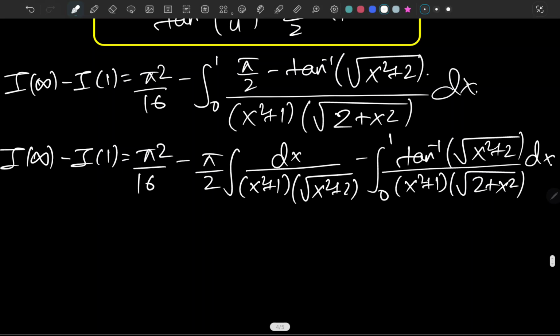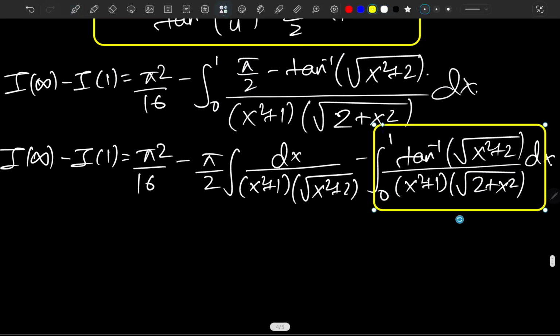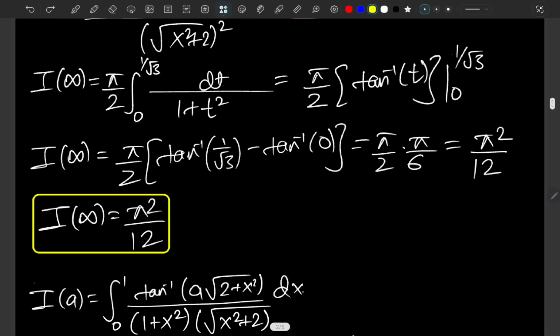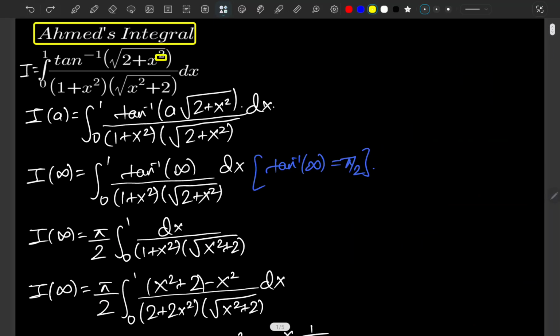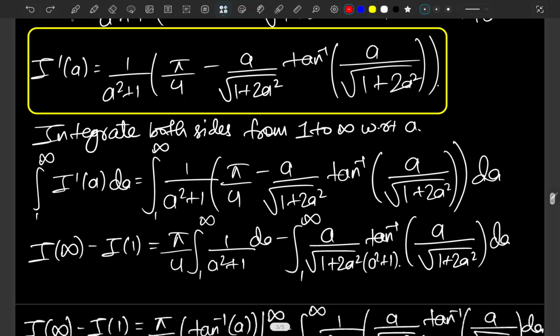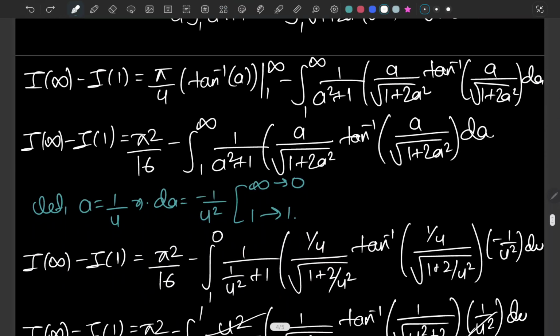If I'm talking about this thing, what's that? Do you remember, guys? This is what we had. This is our target integral I. So I'm just going to replace it with that, right? How amazing is that, guys?